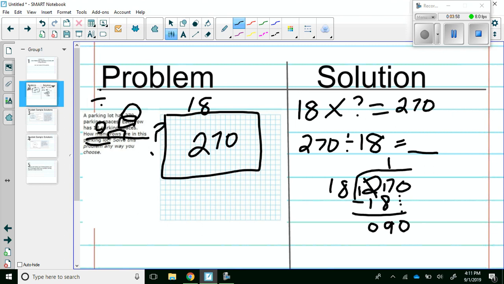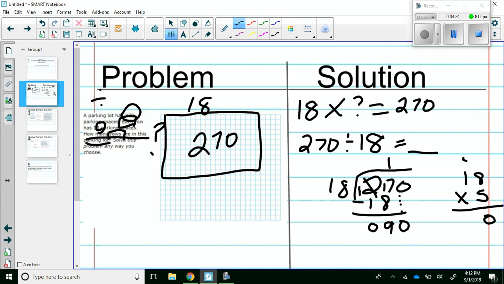So now my next step is dividing 90 divided by 18. I need to think about how many times 18 goes into 90. I can estimate and think that 18 is close to 20, and I know 20 goes into 100 5 times. And so since 18 is less than that, I'm going to try 5 first. So 18 times 5, 8 times 5 is 40.